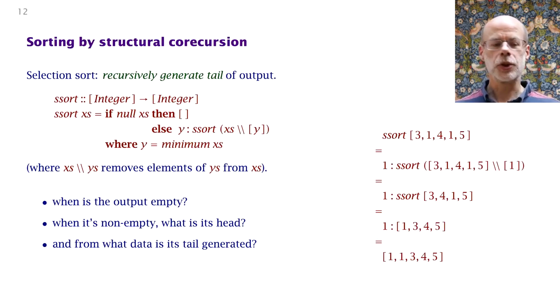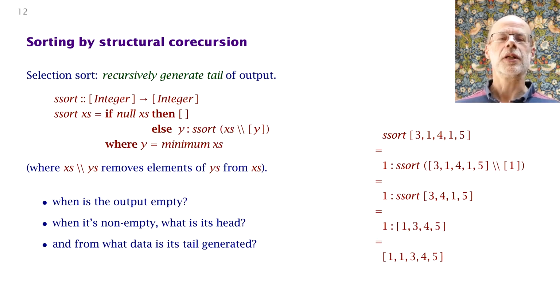So if we go back to the sorting problem again, if you hit it instead with the structural corecursion design recipe, you're led inexorably to a sorting algorithm, but not insertion sort, a different one, selection sort. So when does sorting produce the empty list? Of course, when the input is empty. If it produces a non-empty list, what is the head of the result? Well, that's the minimum of the input. And when it produces a non-empty list, the tail of the result is the result of a recursive call.